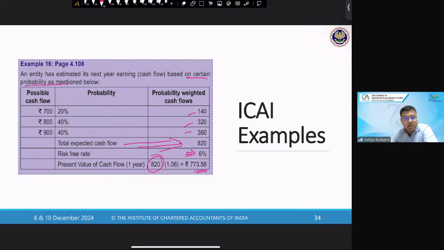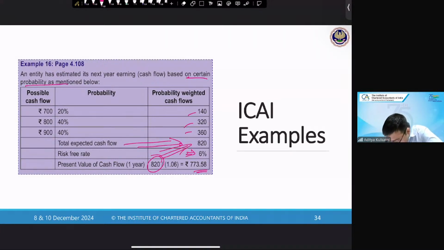But apart from this, no other data is given. My question to you is, what do you think is the level of inputs? Is it level 1 input, level 2 input, or level 3 input? Nisha?